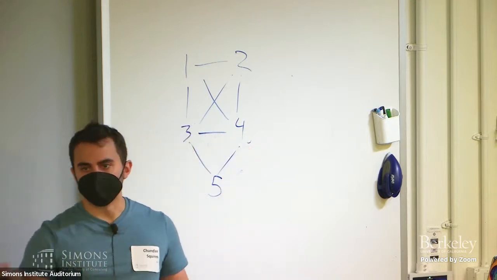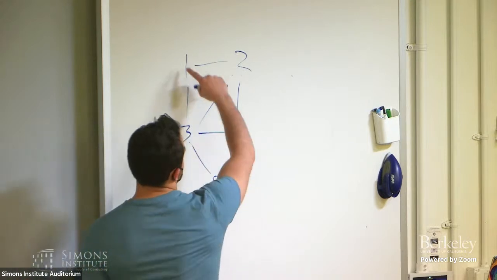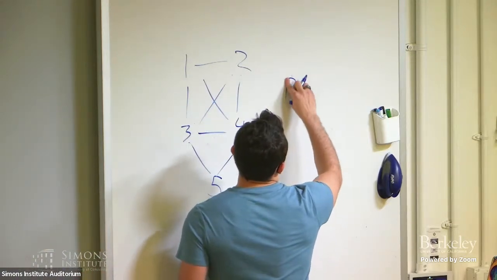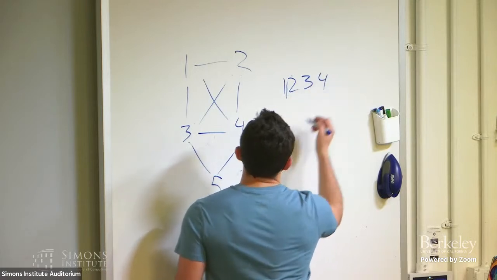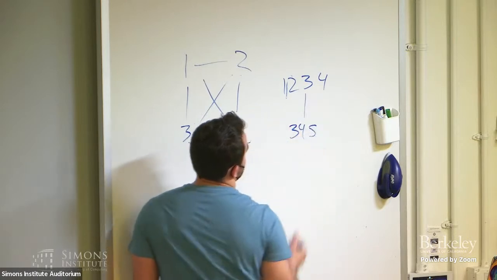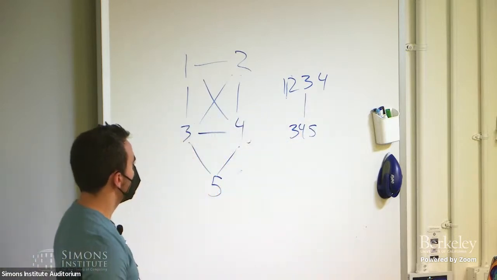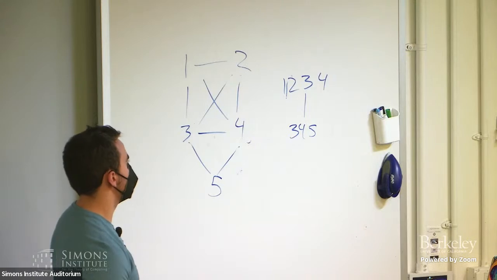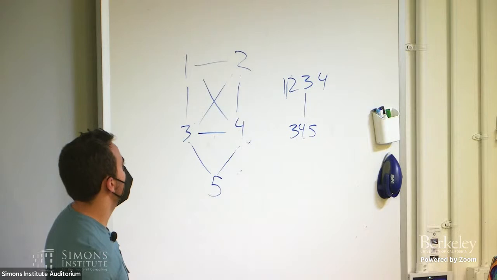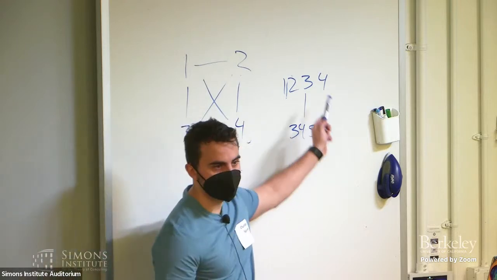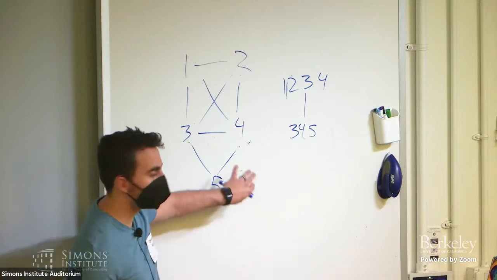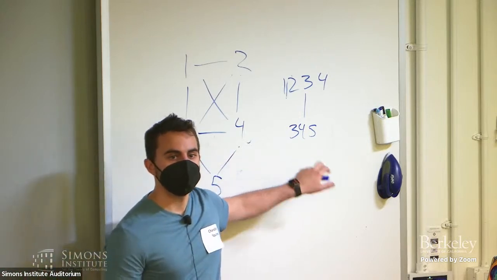The way that you construct a clique tree is you find the maximal cliques, and you make those nodes in a new tree. So here the maximal cliques would be 1, 2, 3, 4, and 3, 4, 5. And in general, you can show that there's a way to put these together so that the resulting graph over here is a tree and satisfies certain properties. So that gets you from the chordal graph space to the tree space.